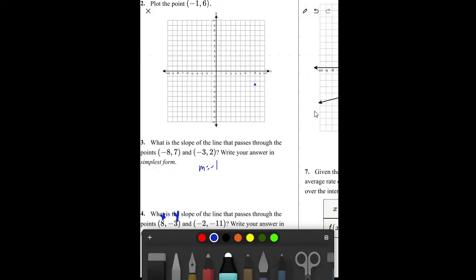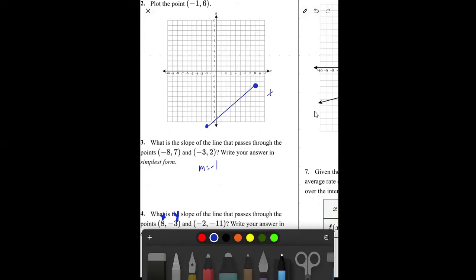I'm right here. My next point is (-2, -11). So I go over -2 and down 11. I'm not going to be able to put it on this graph because the paper only goes up to 10, but it would be about right in here.